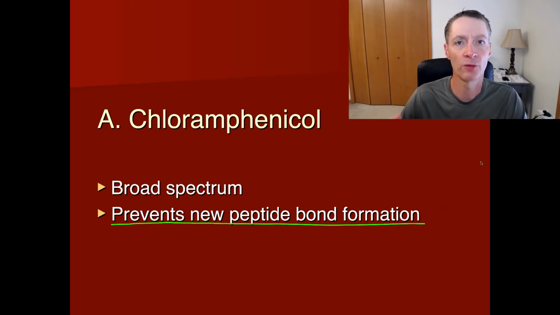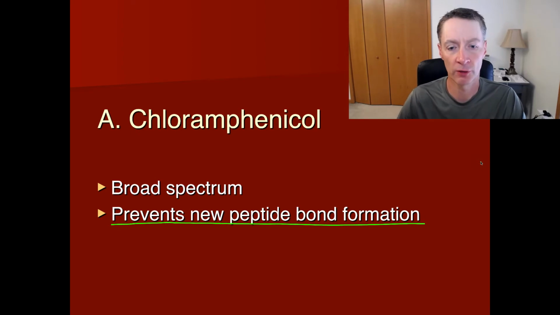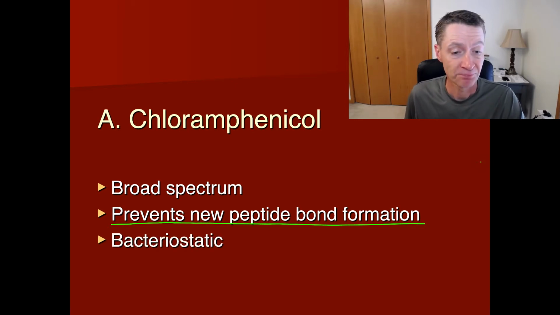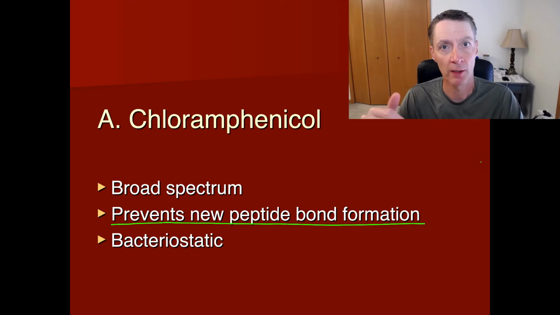Okay, so what do the chloramphenicols specifically do? They stop this peptide bond from forming, so you can't actually have your primary structure of your protein. And a lot of these are bacteriostatic, which means they're just stalling that particular population from growing larger. Gives your immune system a chance.